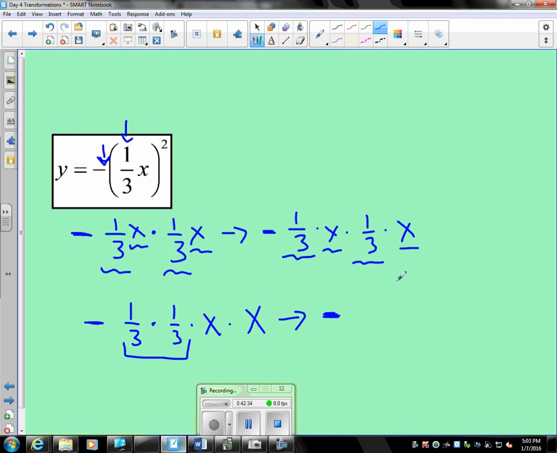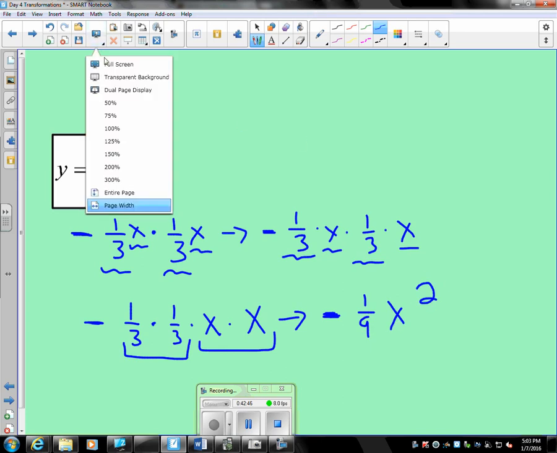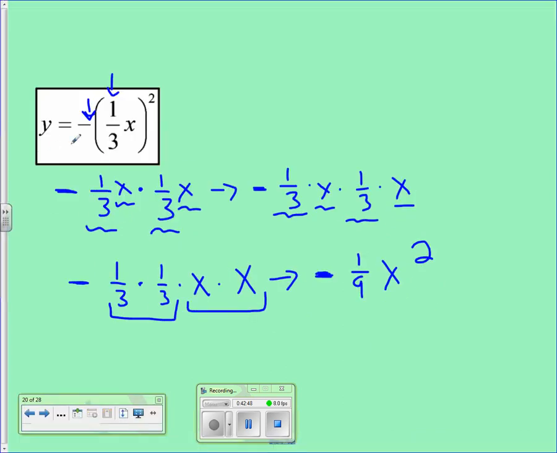And it gives me 1/9. So then we get negative 1/3 times 1/3 is 1/9. X times x gives us x squared. So this equation can be rewritten as y equals negative 1/9.